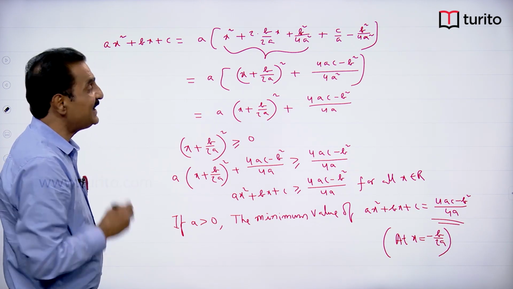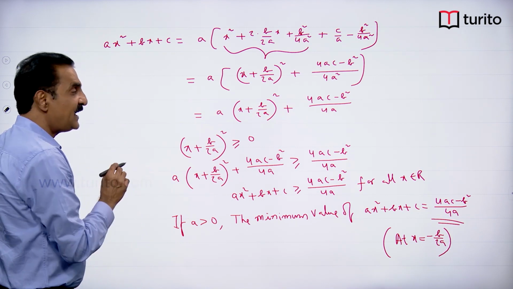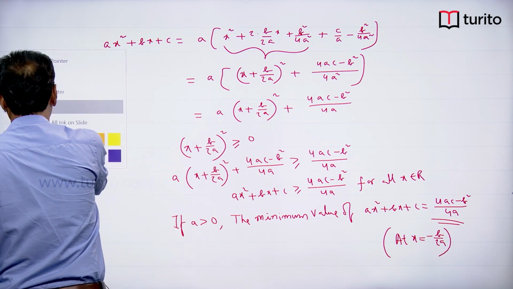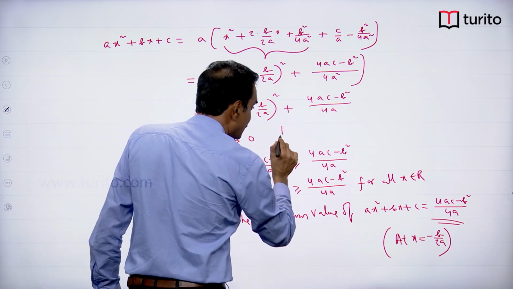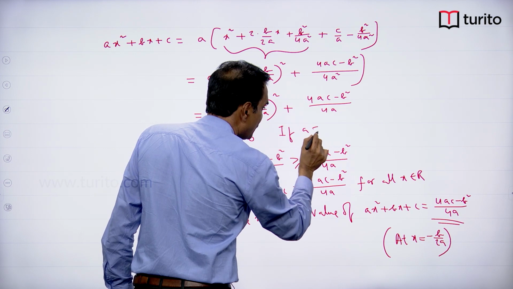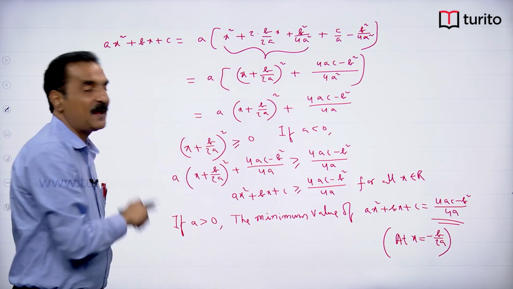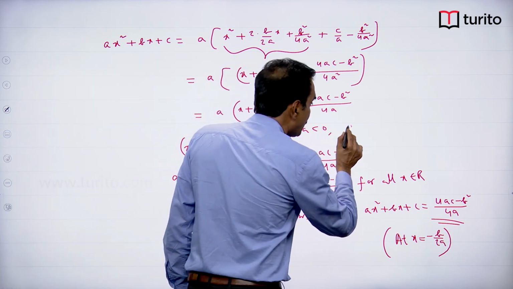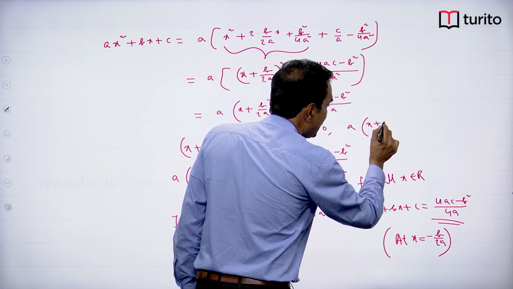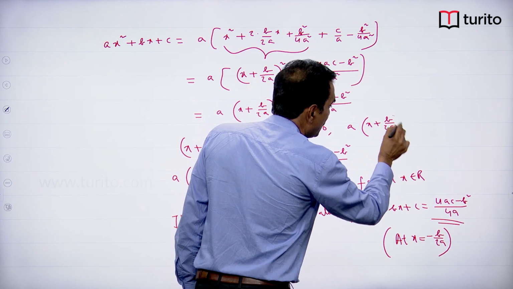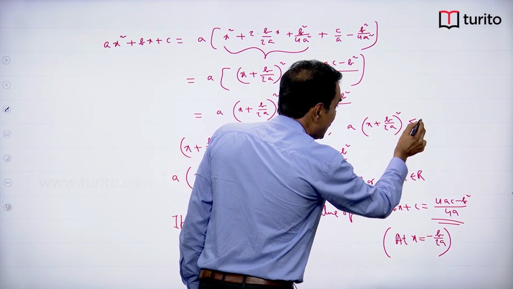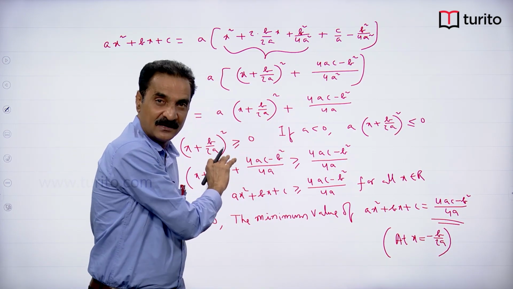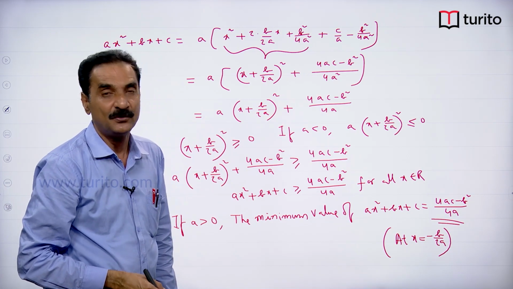Now when a is negative, if you multiply both sides by a, then a into x plus b by 2a whole square will be less than or equal to 0, because you are multiplying by a negative number, the inequality will change. Greater than or equal to becomes less than or equal to 0.